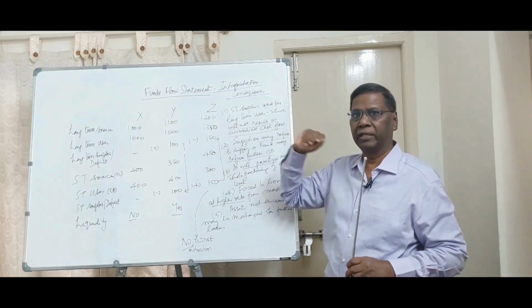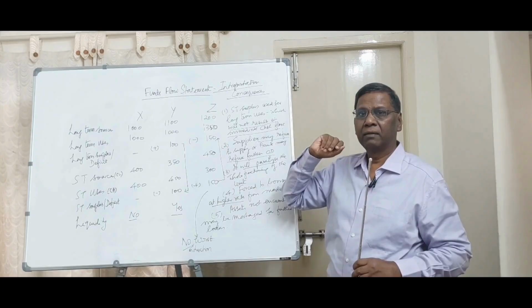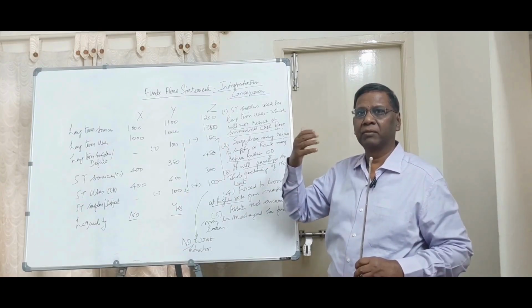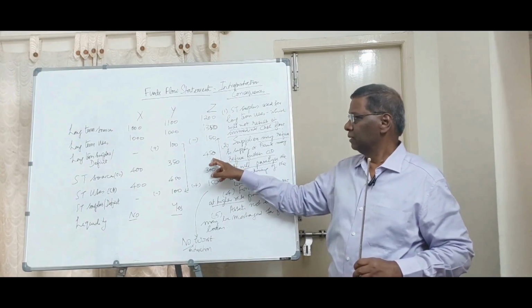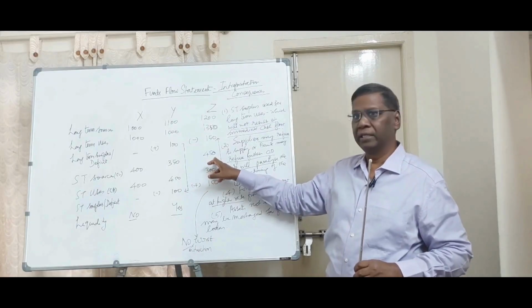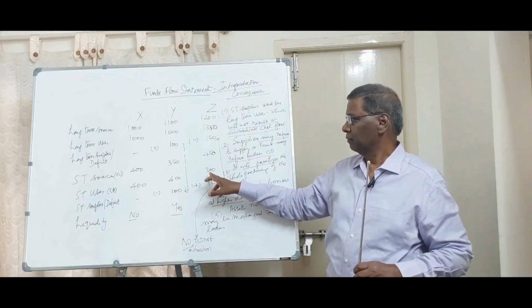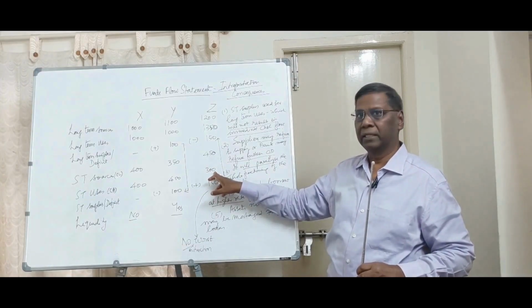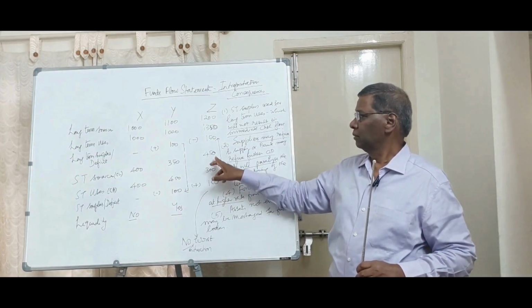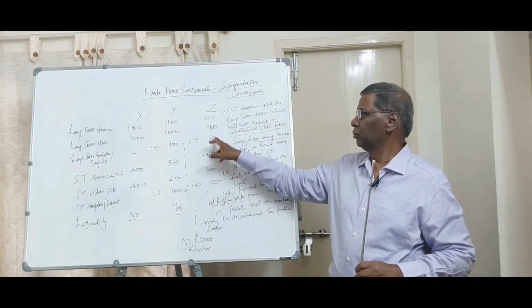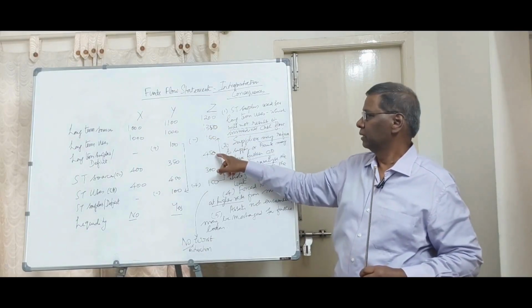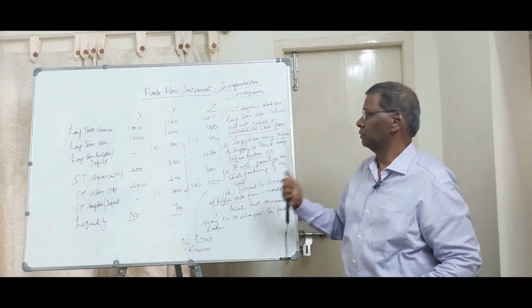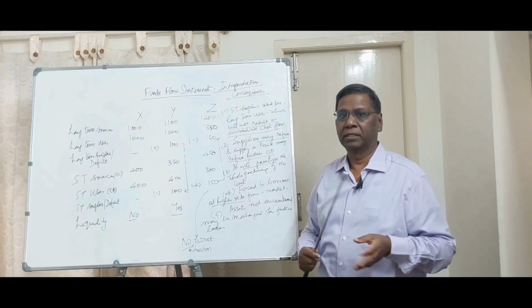How has he made good this 150? Just see here. He has current liabilities of 450, the short-term sources, and current assets of only 300. So the surplus of 150 is here. He has used it for building machinery, etc.